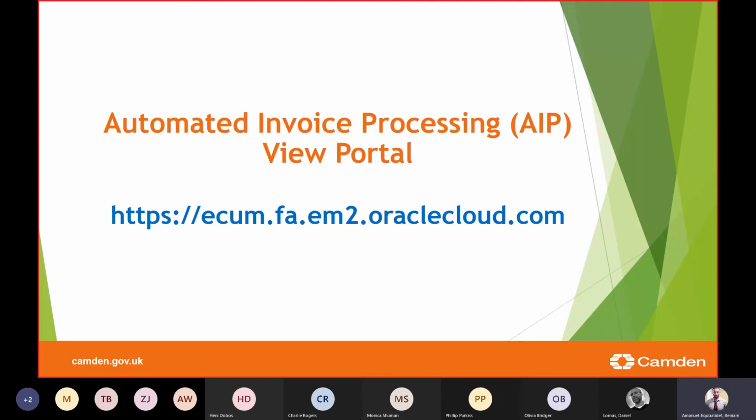This is the URL that you will be receiving in that welcome pack email, so you're able to log on for the first time. As Daniel recommended, I would suggest you use the preferred browsers, Google Chrome or Mozilla Firefox, and that you bookmark this page so it's easily accessible when you want to log in.